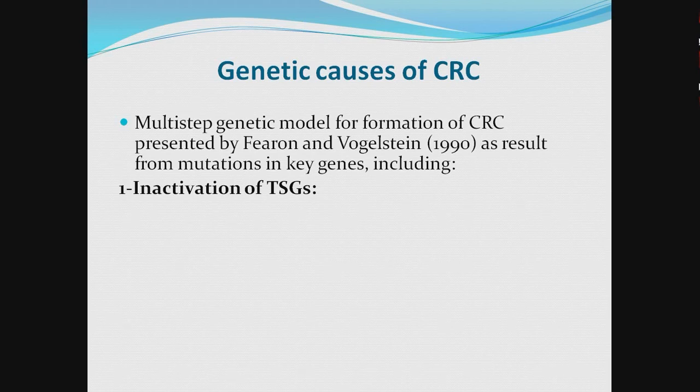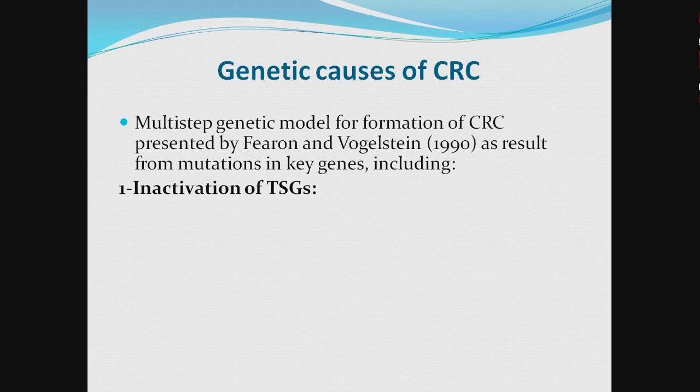This model depends on two groups of genes. The first group is called TSG, the short term for tumor suppressor gene, and this is a large group of genes. The normal function of these genes is to prevent or inhibit the development of cancers in normal cells.